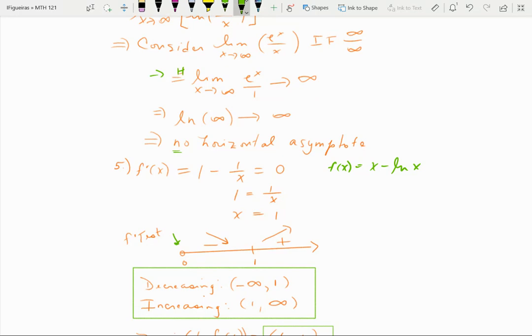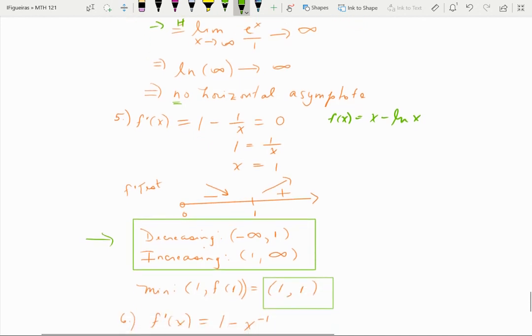And if you plug that in, 1 minus 1 over a half, well, that's the same as 1 minus 2. And so that gives you a negative result, means that your function is decreasing. And if you pick something greater than 1, like 2, 1 minus a half is positive, and so it's increasing. So this is the summary of what we expect in terms of decreasing and increasing.